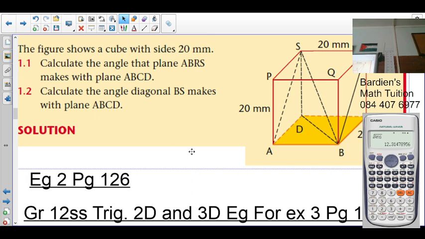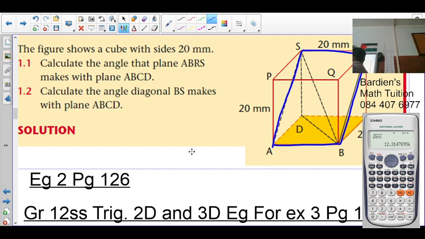Calculate the angle that the plane ABR makes with plane ABCD.